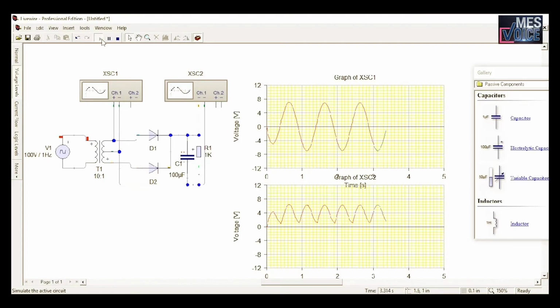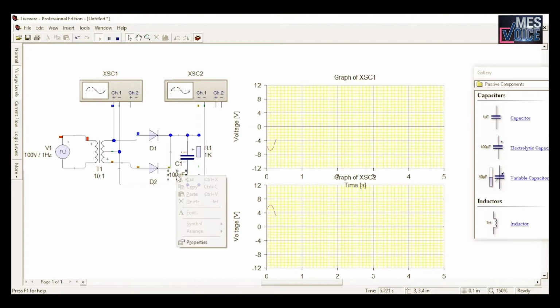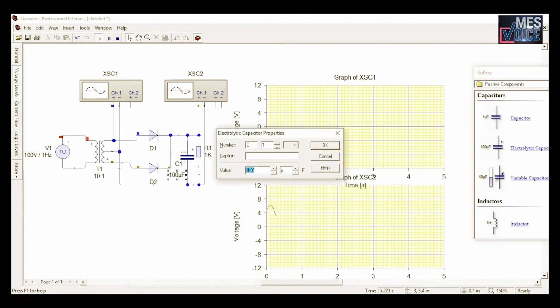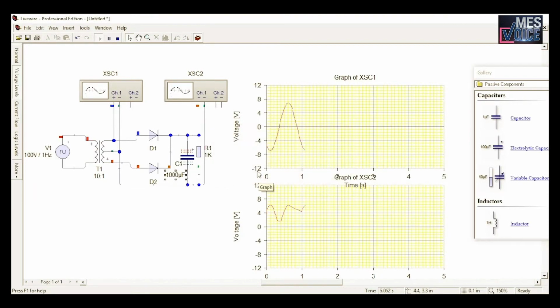So a low value capacitor, a 100 microfarad capacitor, will give the output a highly rippled waveform, and we are increasing the capacitor value to 1000 microfarad, so the output will be a less rippled waveform.